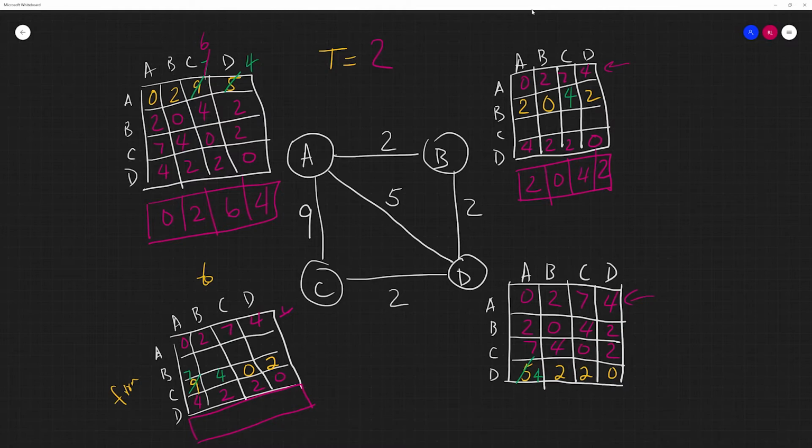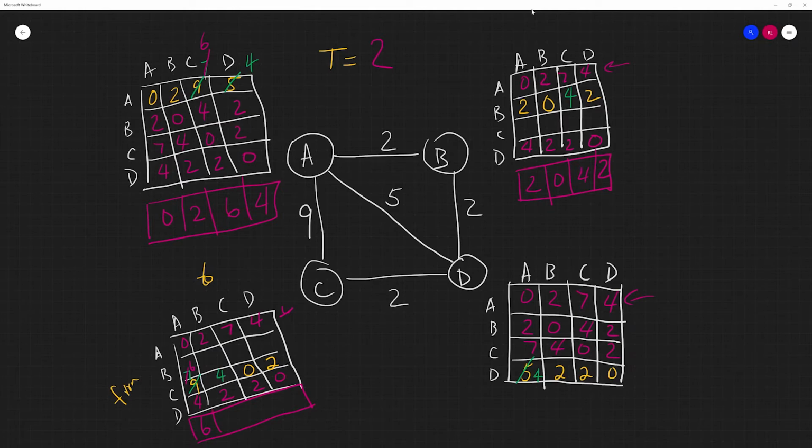Next we have this one. So we have an original cost of 7. And let's see. So going via D will cost me 4. Okay, and to get to D, it's going to cost me 2. So that's going to be 6. Next I have 4 is my original cost.